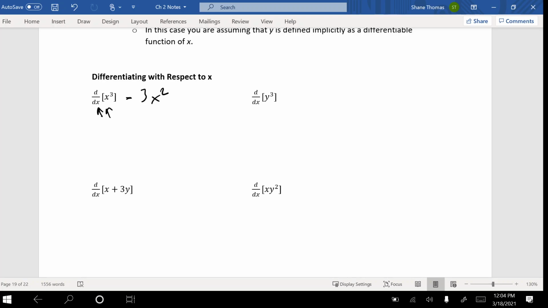Now, in the second one, we have an issue here. We want to differentiate this with respect to x, but all we have is a y, right? All right, so this is where we're going to have to pull in our chain rule for this. So I'm just going to write over here to the side, okay? Just like we did before, we're just going to write it off to the side, and we'll plug our u in here.